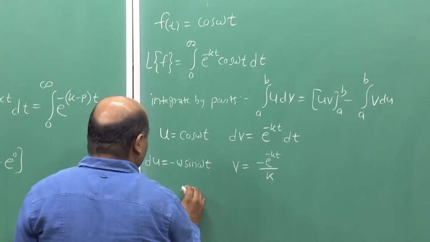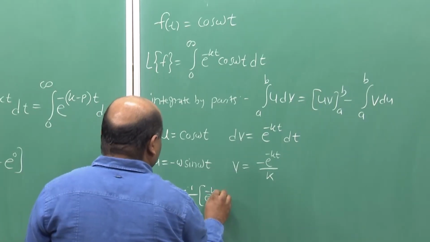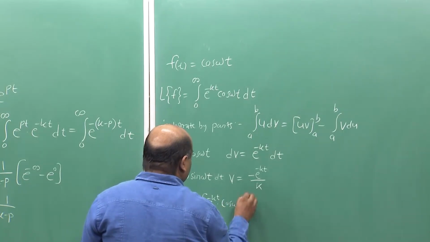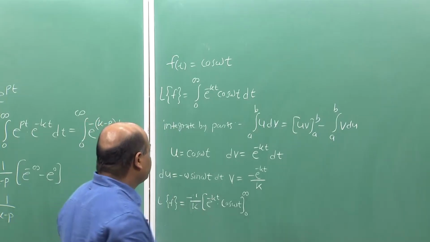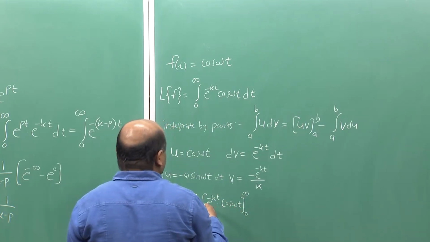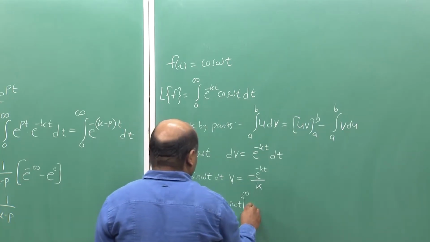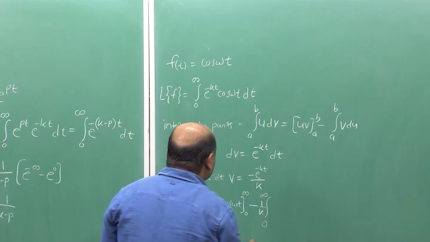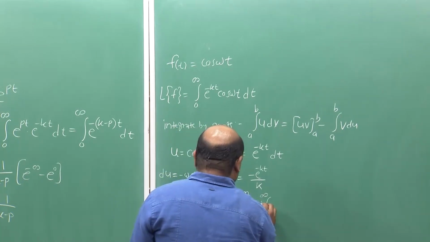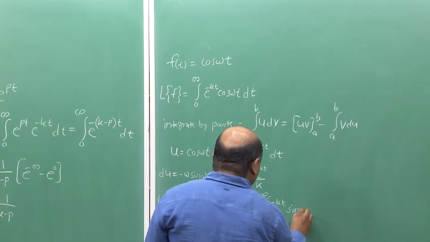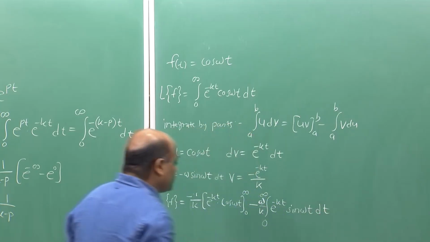Okay. So, L of f becomes u v, minus 1 by k e to power minus k t times cos omega t from 0 to infinity, minus integral v du, which gives minus plus, integral 0 to infinity, 1 by k, omega by k e to power minus k t sin omega t dt.